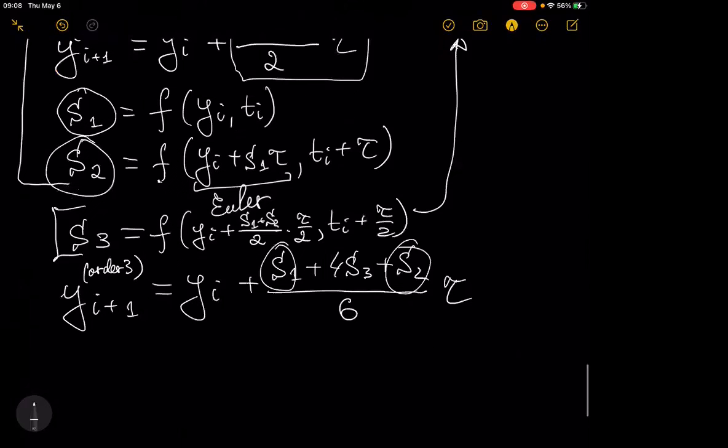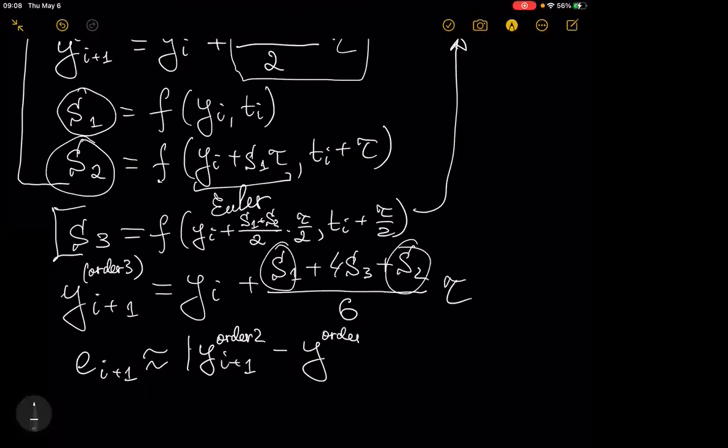Now, if you compute E_{i+1}, the error, the evaluation will be y order 2 at i+1 minus y order 3 at i+1.